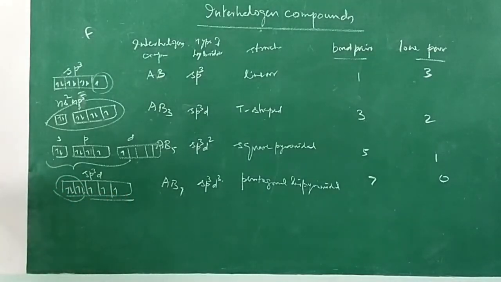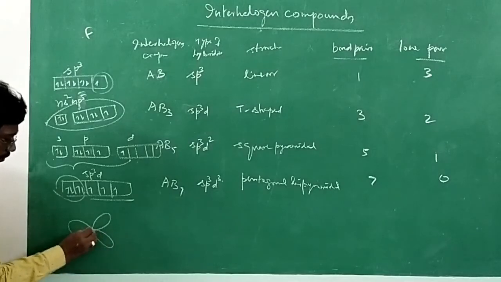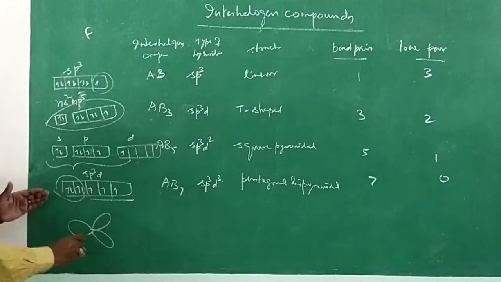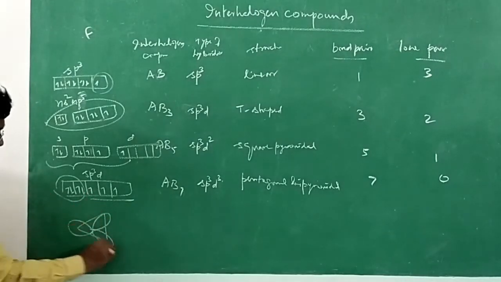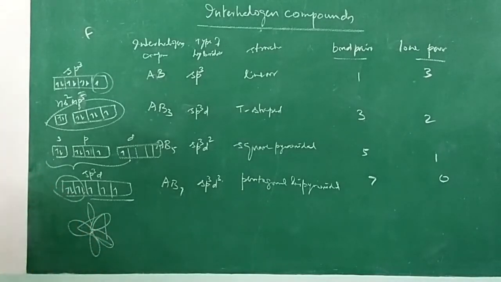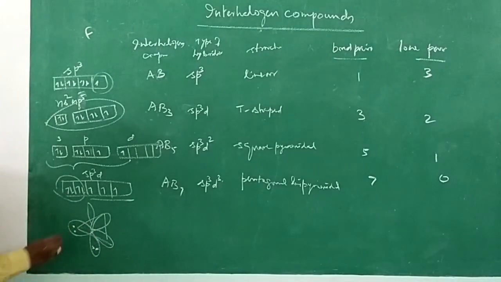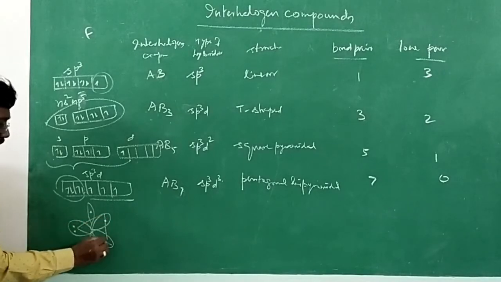The electronic structure will be trigonal bipyramidal. 1, 2, 3 along the corners of a triangle. If I draw a triangle, it will go like this, and 1 above the plane, 1 below the plane. And here what is happening? 2 lone pairs of electrons are situated, 1 here and 1 here. Then singly filled orbital, singly filled orbital, singly filled orbital.